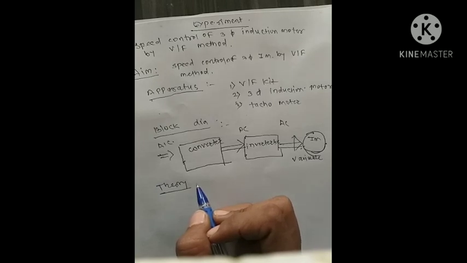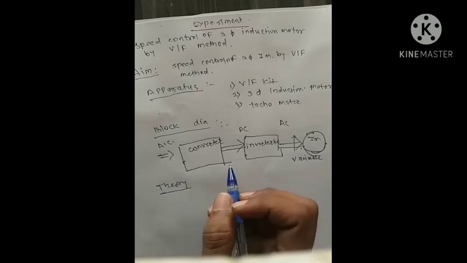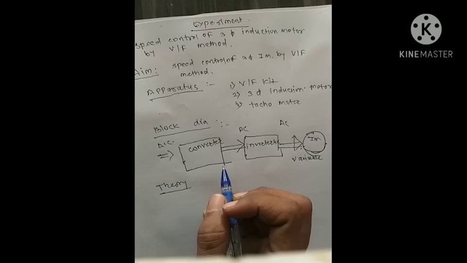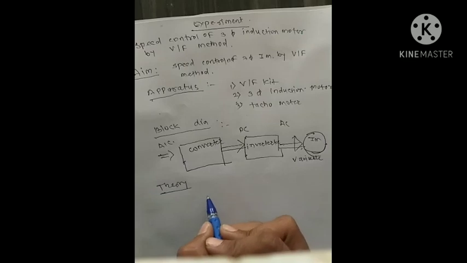To vary the speed, we have to make some changes in the voltage and frequency. The slip at full load is about 3 to 5%, so the change in speed is very little, which can be seen from the characteristics.